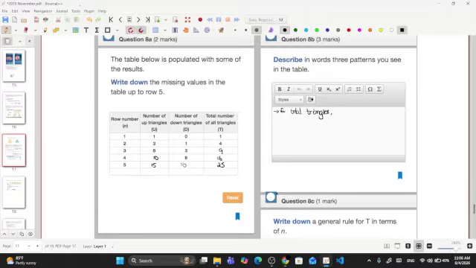What can we see here about the total number of all triangles? What sort of pattern is being followed here? Any ideas?